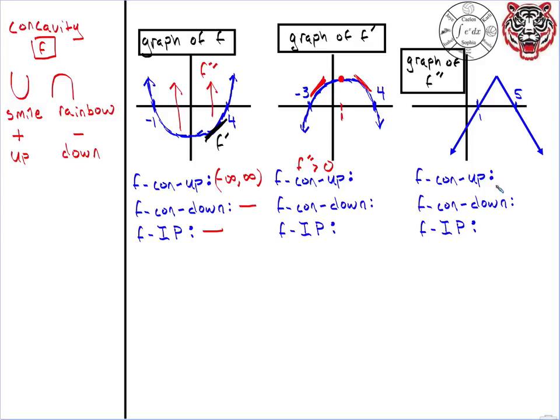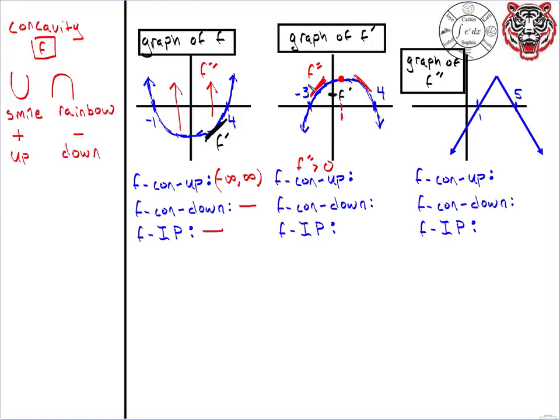Now if I do heights here, the graph of f is going to be concavity. And then if I do heights here, heights are going to be whatever I'm given. Heights are f prime. Slopes are now f double prime. You always want to find f double prime. So f double prime is concavity. Okay, I get that.